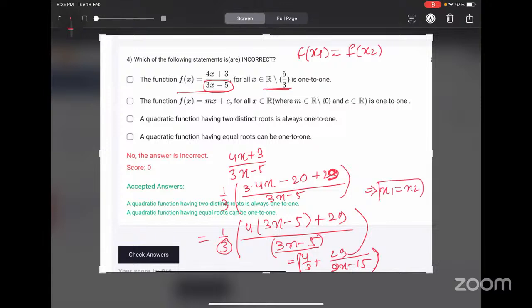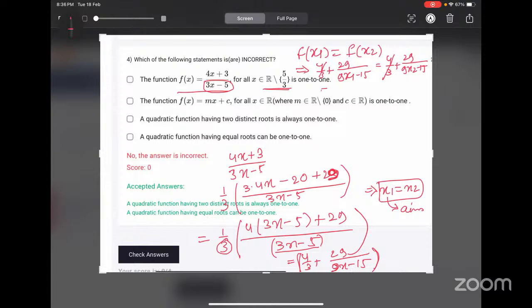This is our aim, right? Yes, madam. So we will put the value. So this will be 4 by 3 plus 29 by (9x1 minus 15) equal to 4 by 3 plus 29 divided by (9x2 minus 15). Then we can cancel this out, right?